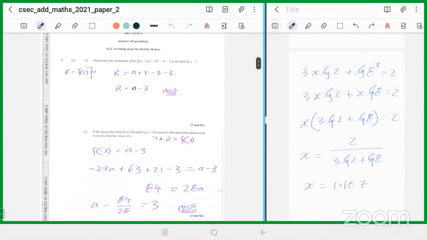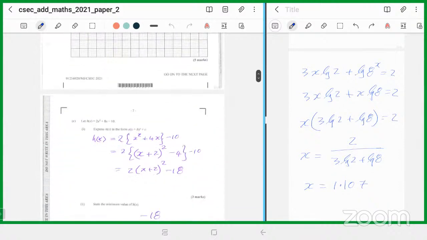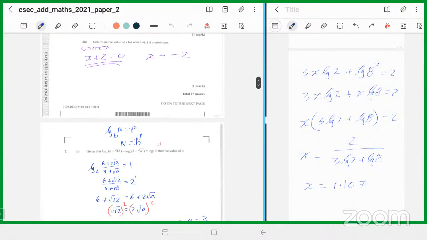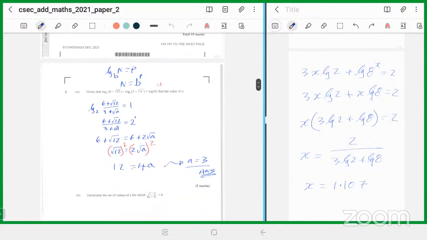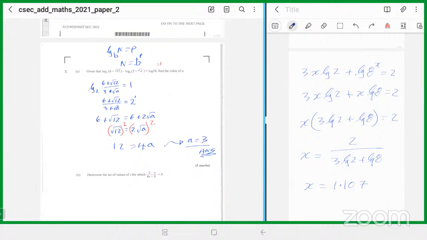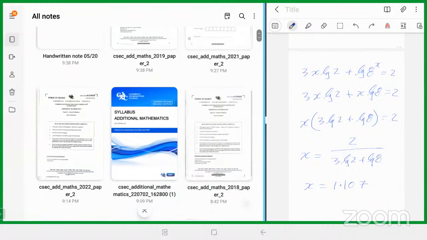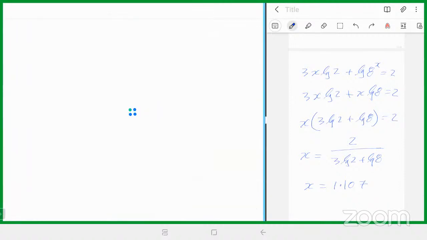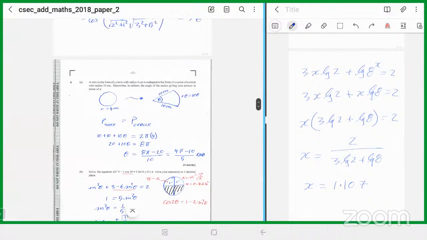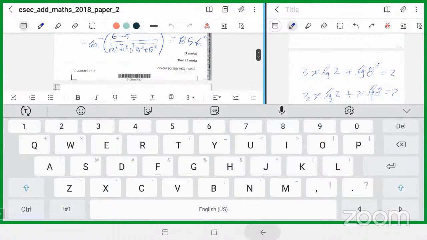Question 1. No surds, logs, and indices there. So we did 2021 already. Yes, sir, we started at 2022, so we went down. We were supposed to go to 2018 then. All right, 2018. We're going backwards. All right, let's go.